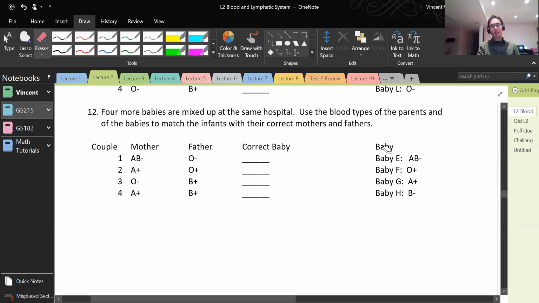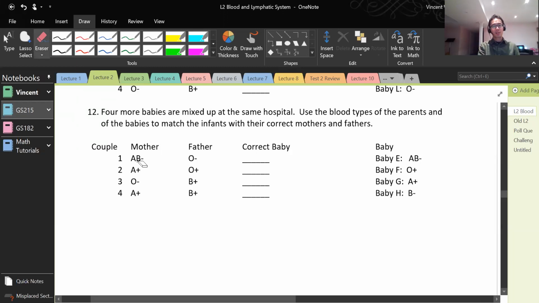All right, so let's see. Here are the parents and here are the babies. Let's find out what the babies are. Let's take a look at the first couple. AB negative for mother, O negative for father. So using the rules that I've just written down for you, if the mother is AB, please tell me which of these babies are definitely not hers.